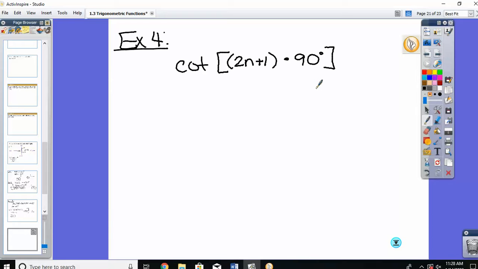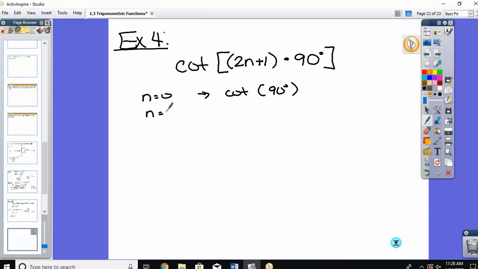We're doing the cotangent of 2n plus 1 times 90 degrees. I want to think about this one first. If n equals 0, then what would this simplify to inside? 90.